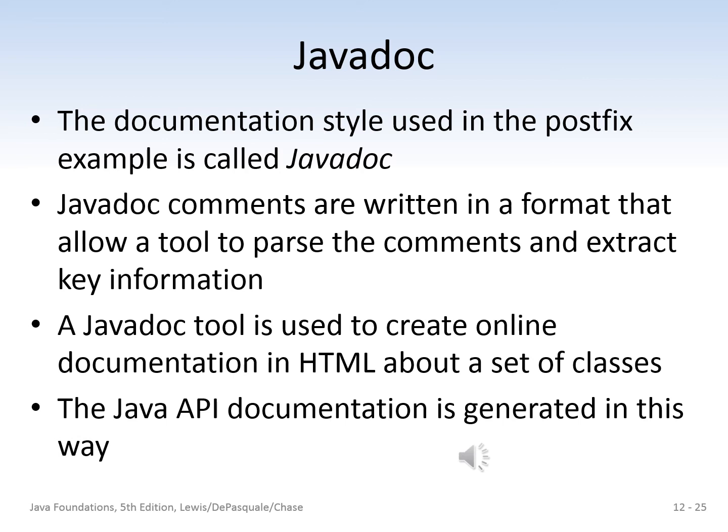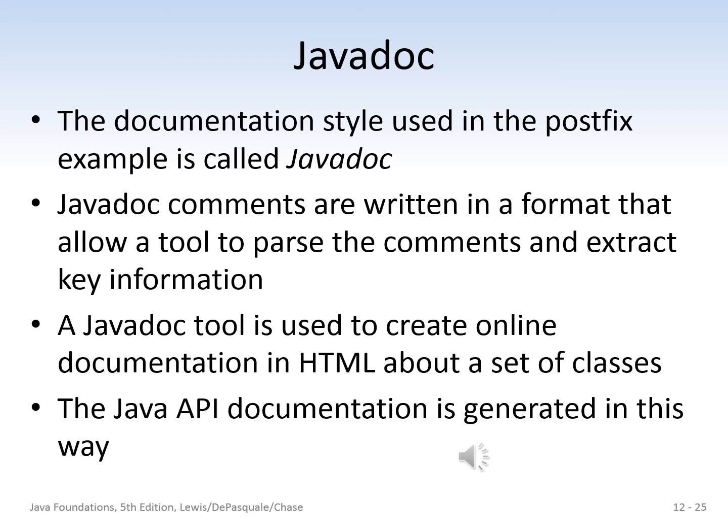The documentation style that we used in the postfix example is called JavaDoc. And JavaDoc comments are written in a format that allows the JavaDoc tool to parse the comments and extract key information, which is used to create online documentation in HTML about a set of classes.